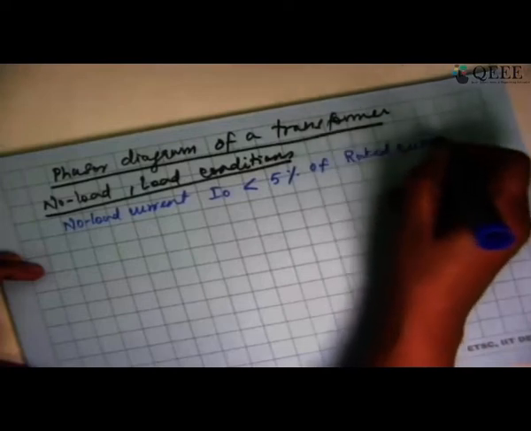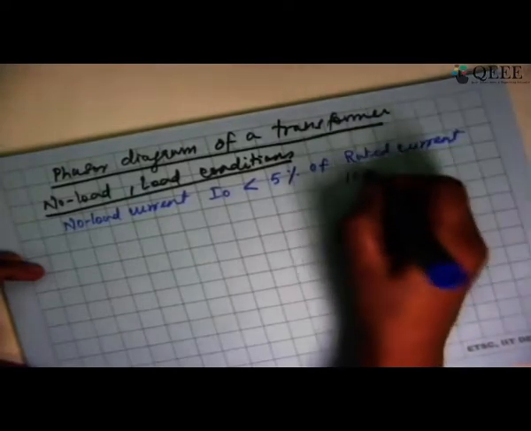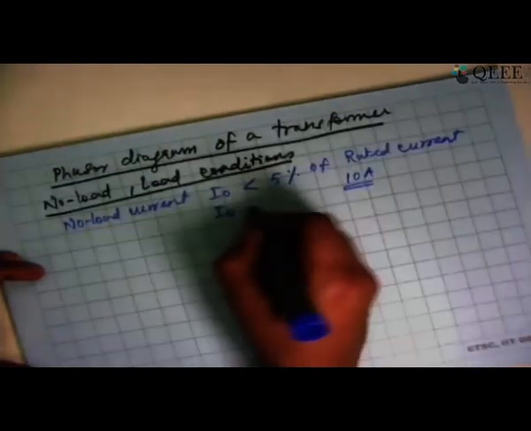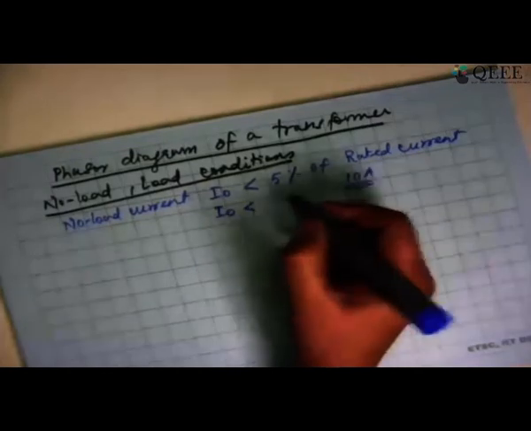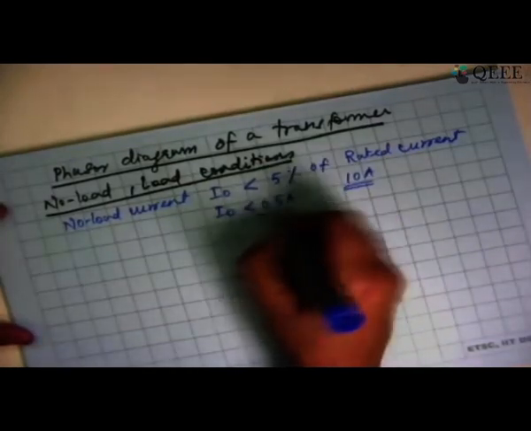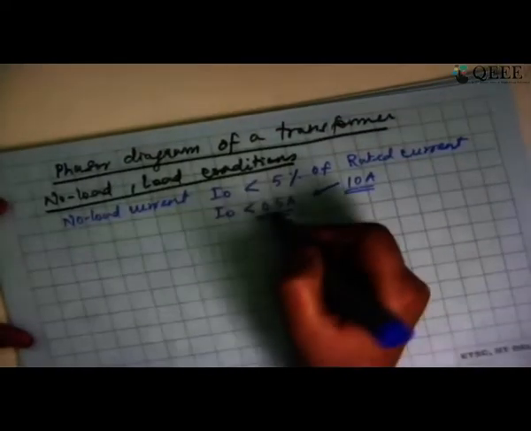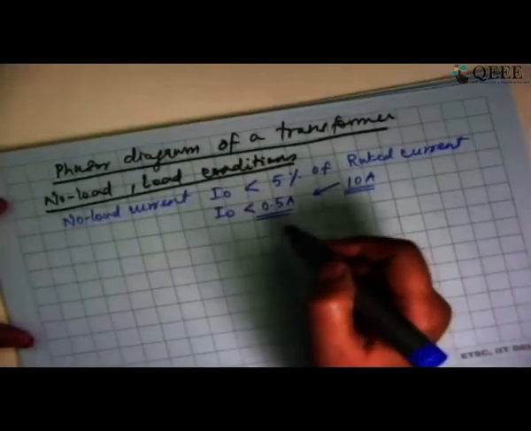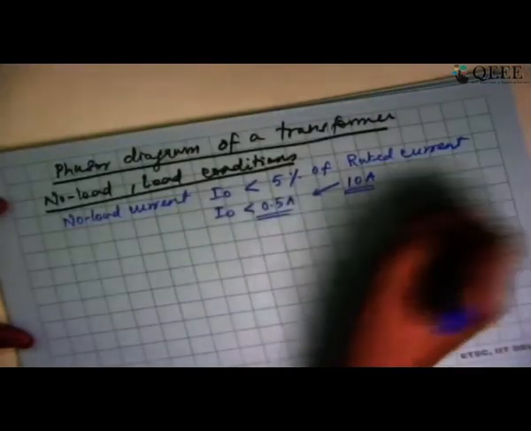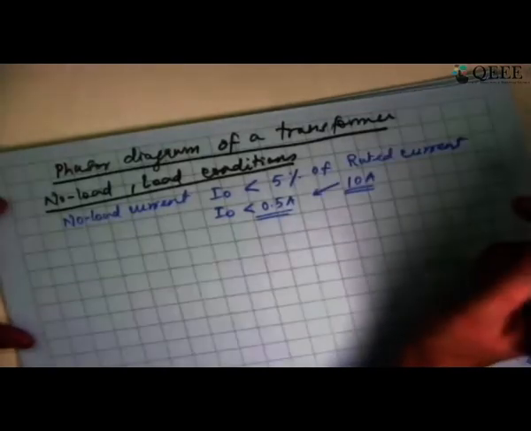So if the rated current is, for example, 10 ampere, what we have taken, I0 is going to be less than about 0.5 amperes. It is going to be really small that we don't have to worry too much about the no load current when we are talking about rated load condition.